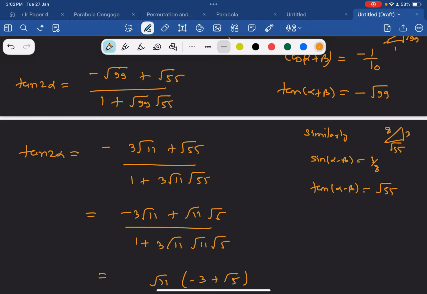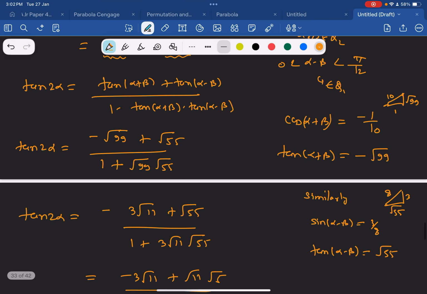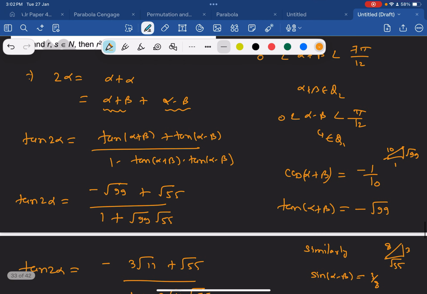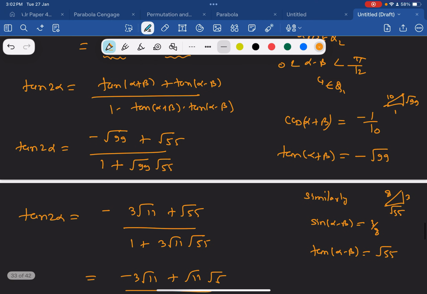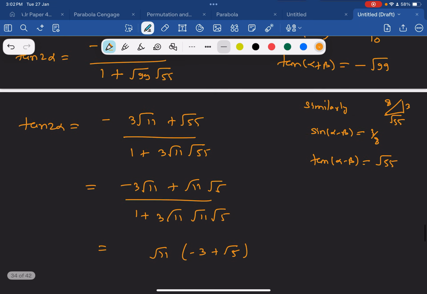So where are we making the calculation mistake here, root 99 plus root 55? So I guess what we can write out here, if we take it here, fine. Wait.